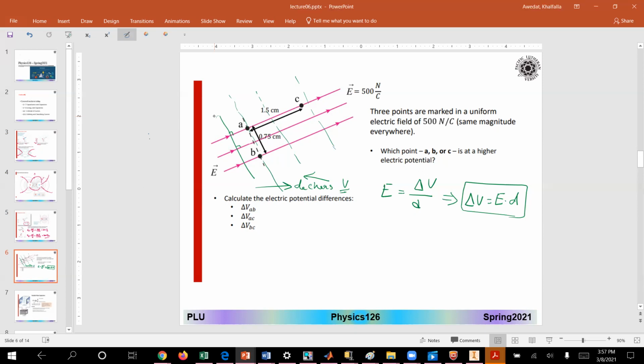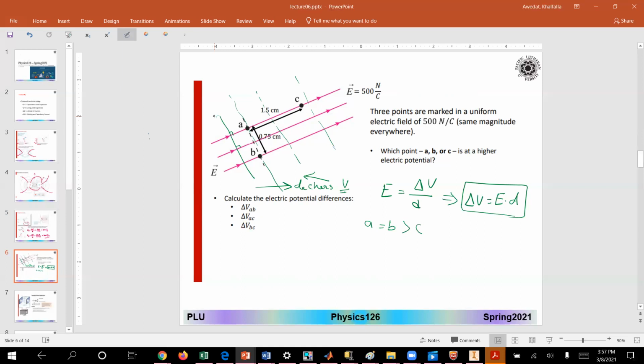Let's see the distance D for A, B, and C. A and B are located on the same equipotential line, so they are equal, and both of them should be larger than C. That's the equipotential value.